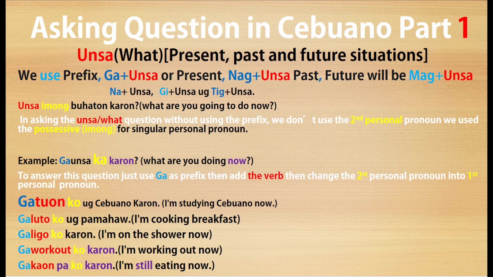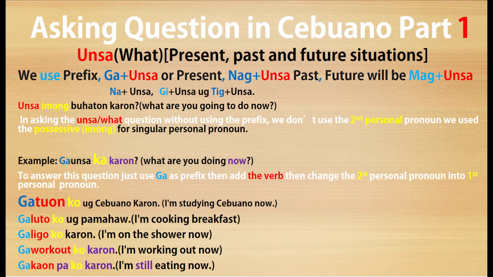To answer this question, just use the ga as the prefix, then change the second person pronoun into the first person pronoun. In our previous lesson, we studied the personal pronouns. In answering this question, it would be easier for you if you are familiar with the personal pronouns.